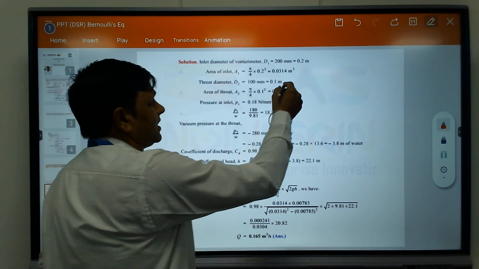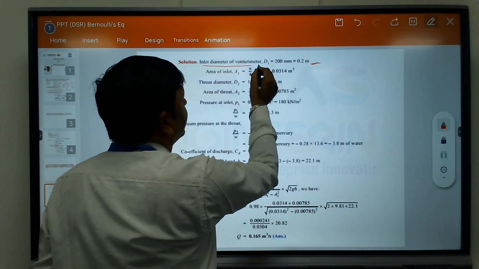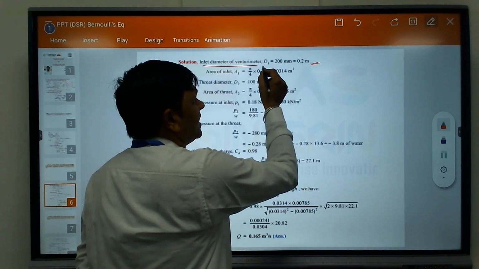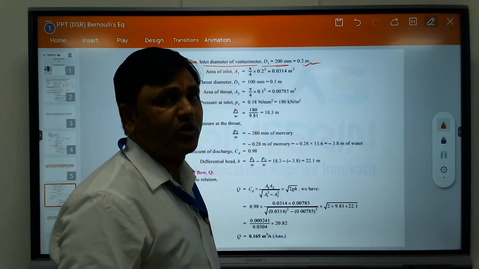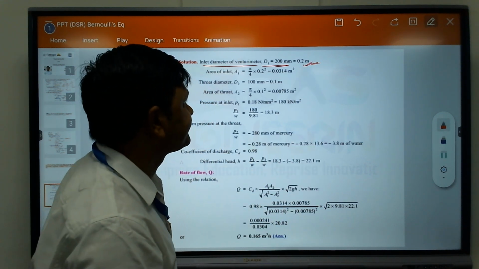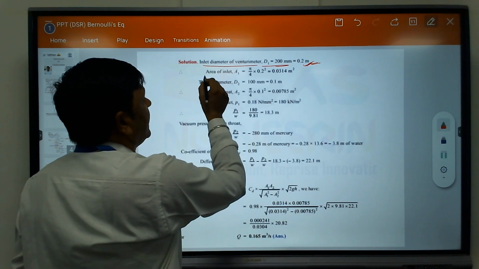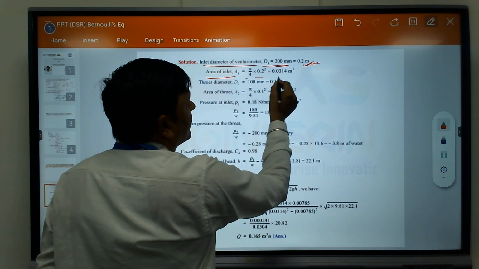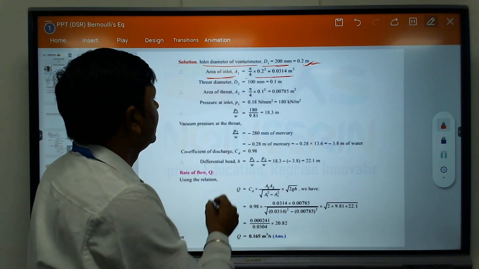According to the numerical, we have the inlet diameter of the venturi as 200 mm, which is equal to 0.2 meter, and the area of the inlet using this diameter is 0.0314 meter square.